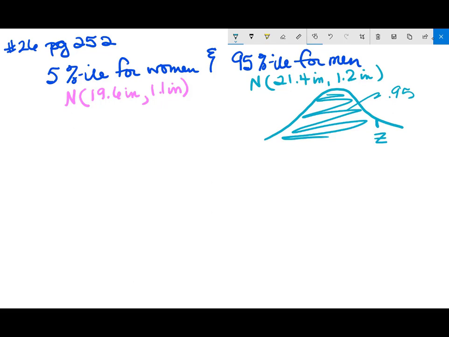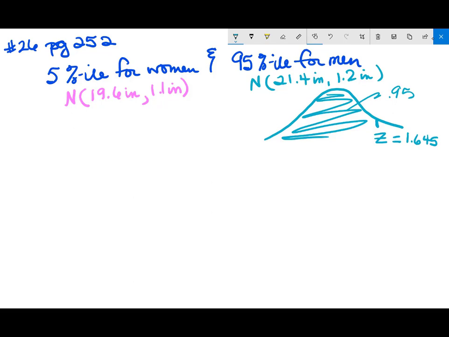I'm going to use StatCrunch, leave the value for my x blank, and put 0.95 in for my probability, and I get that the z-score for this one is 1.645.